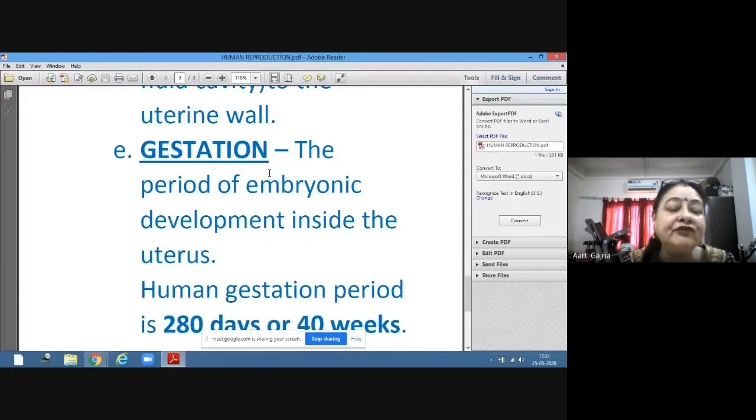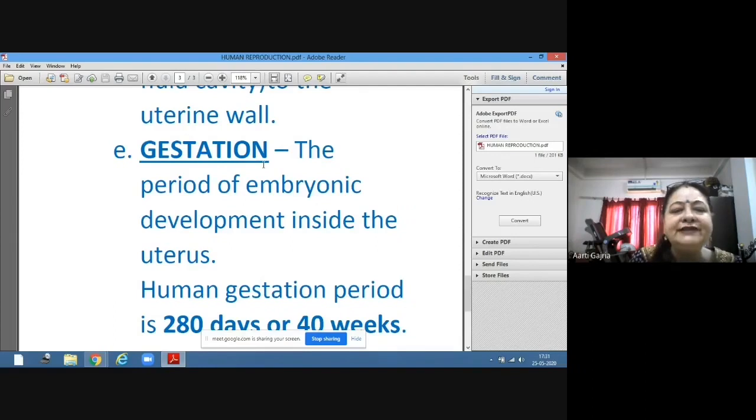The embryo will start receiving nutrition from its mother through a special disc-shaped tissue called placenta. So the embryo receives all its requirements, the oxygen and the nutrients, from the mother's blood. At the same time, it gives all the waste materials, that is all the excretory products, into the blood of the mother.